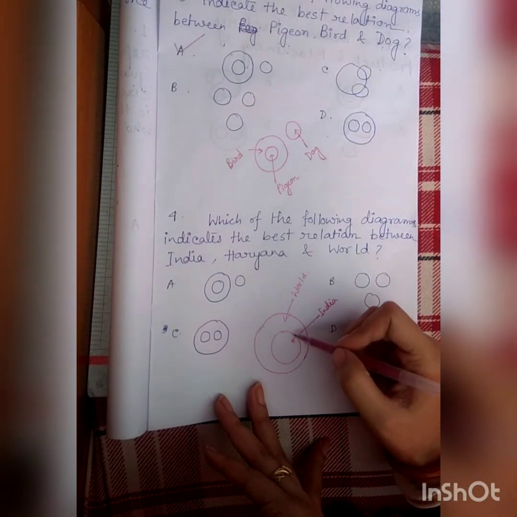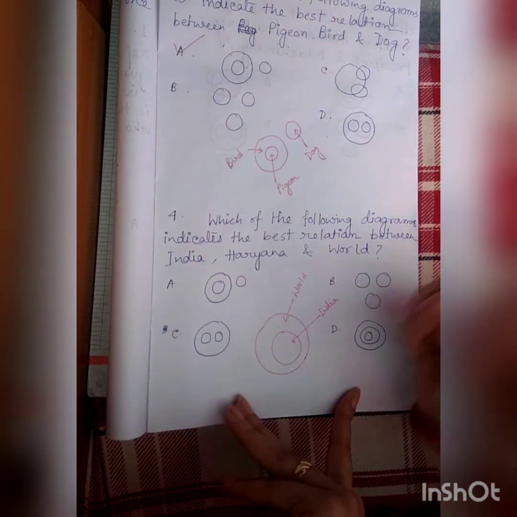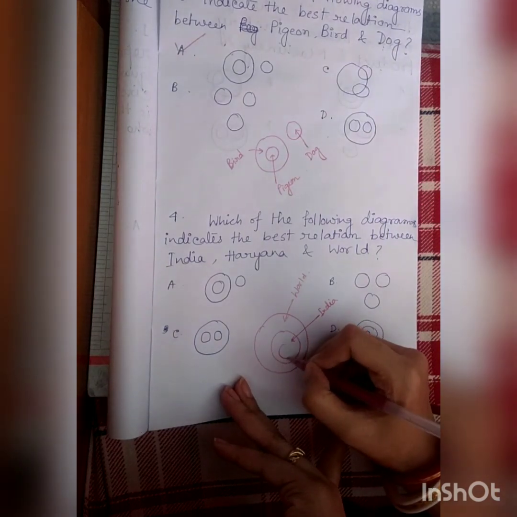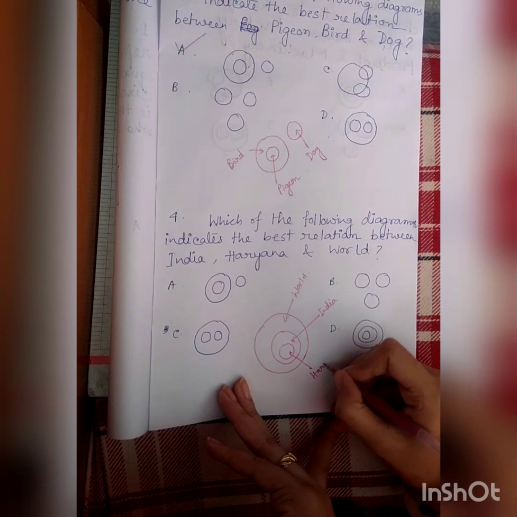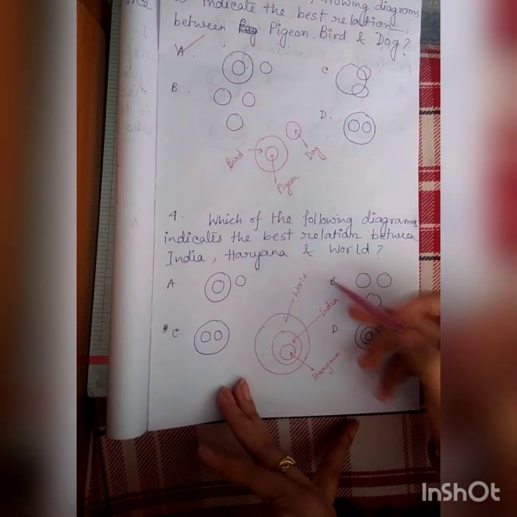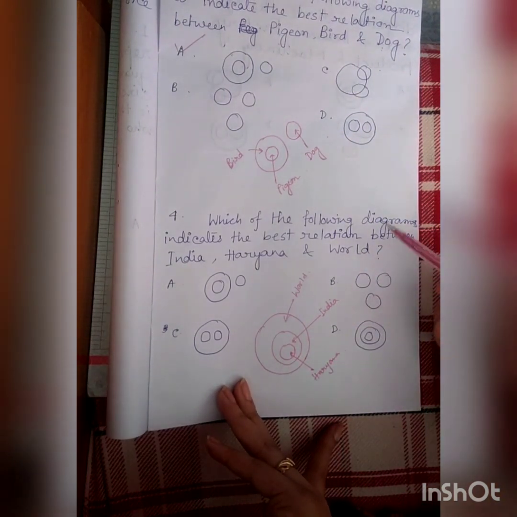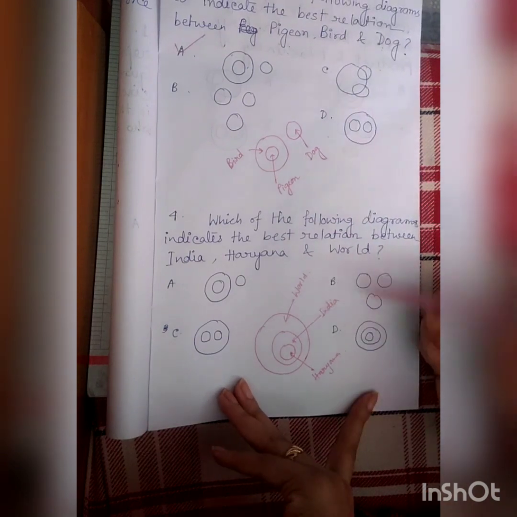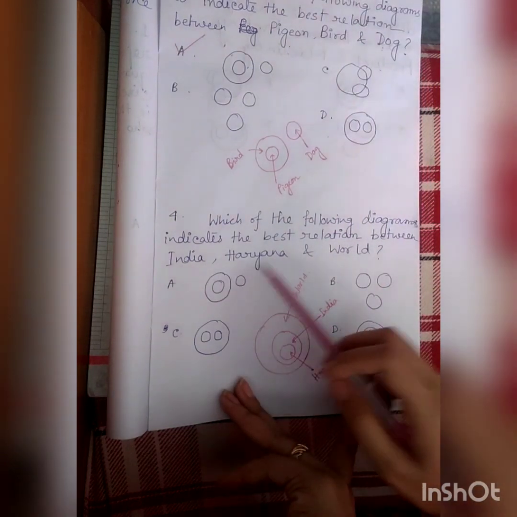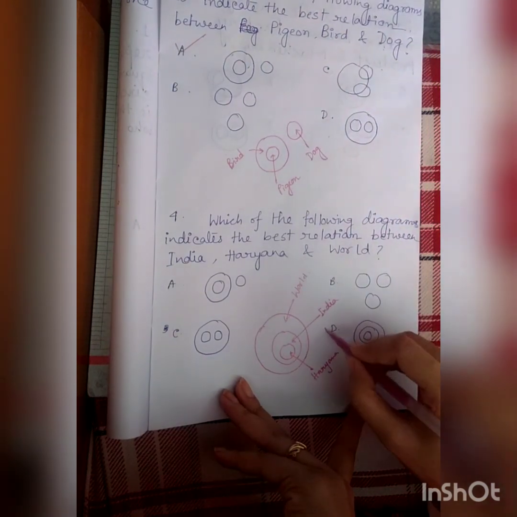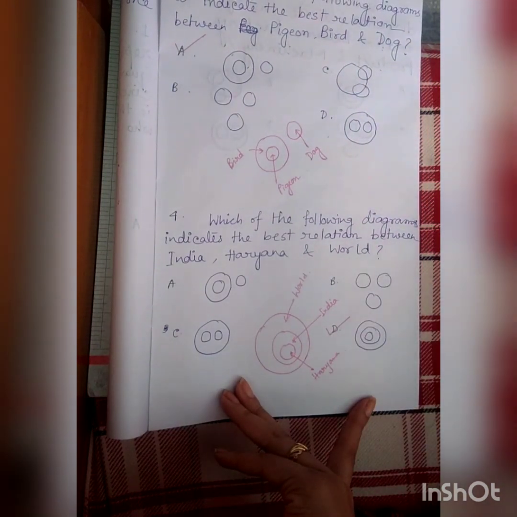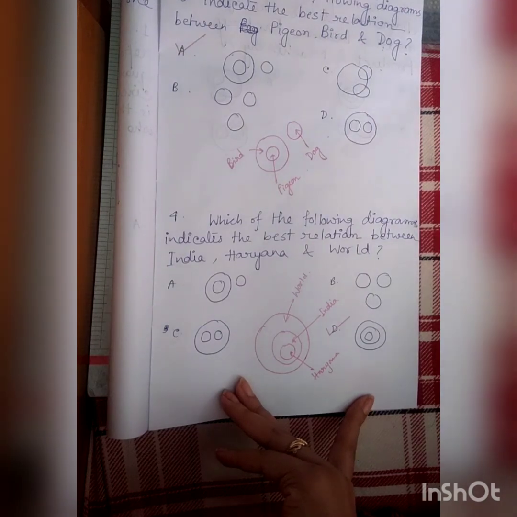Inside the world, India is just a country, and inside the India, Haryana is just a state. So this will be the diagram of representing India, Haryana and world. So are we getting this type of figure anywhere? Yes, in option D. So here the correct option is option D.